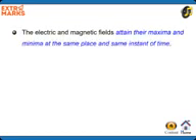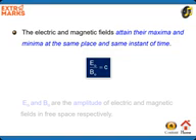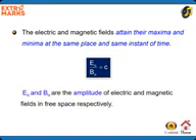The electric and magnetic fields attain their maxima and minima at the same place and same instant of time. In the shown expression, E0 and B0 are the amplitudes of electric and magnetic fields in free space respectively. Let's study about the speed of electromagnetic waves in a medium.